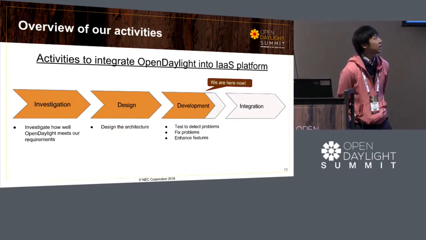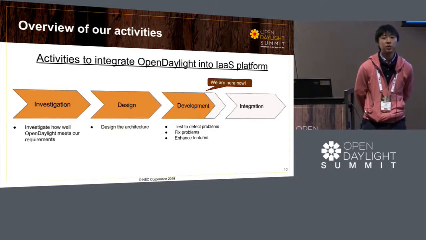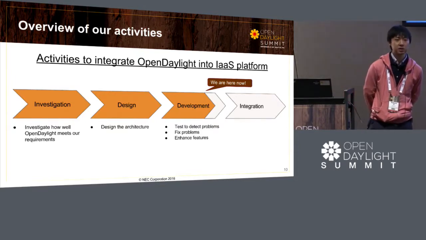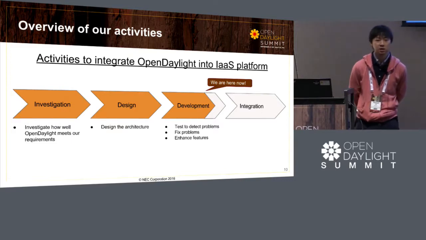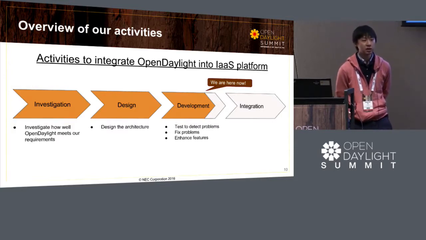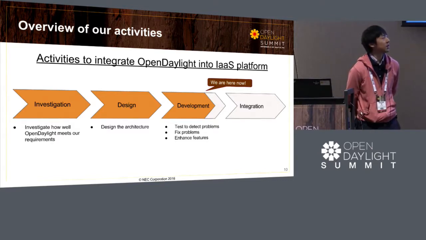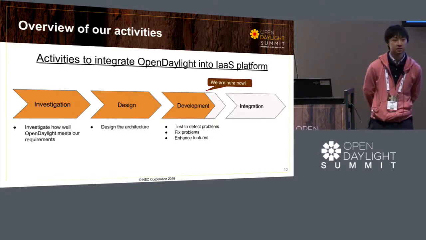After that, we did development. We tested OpenDaylight to detect problems and bugs for our use case, and we also fixed many such problems in the OpenDaylight community. So that's an overview of our activities so far.